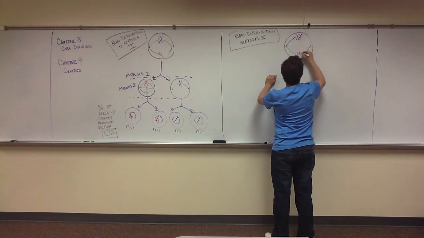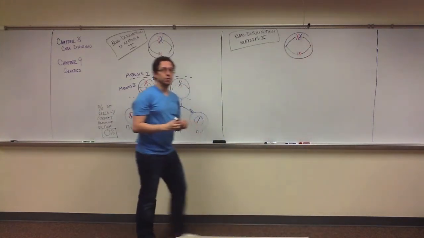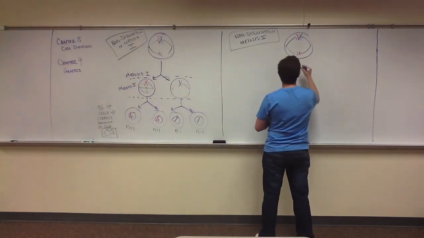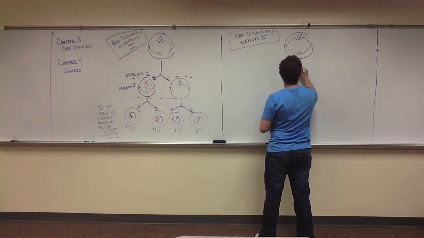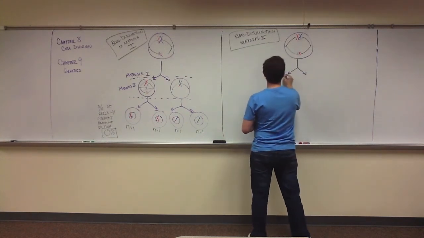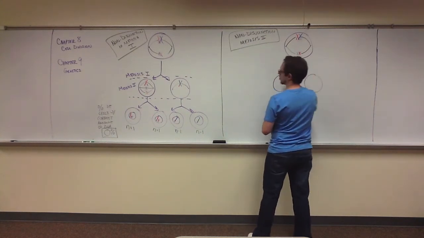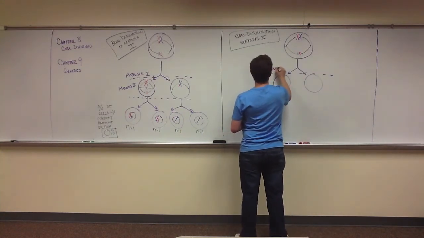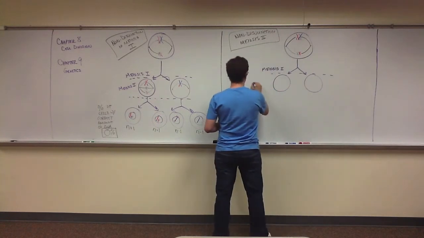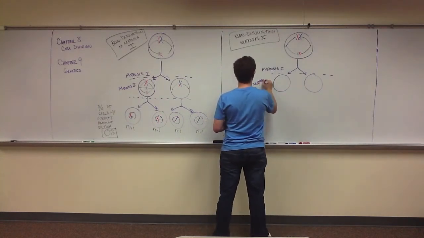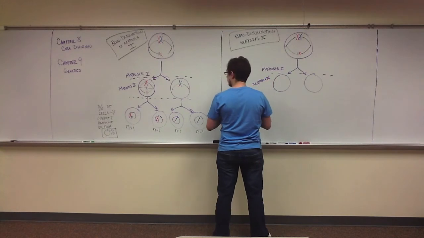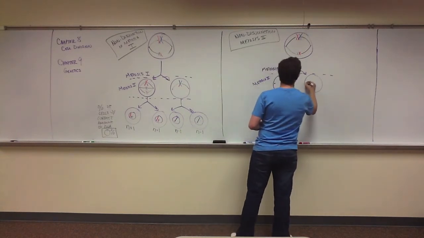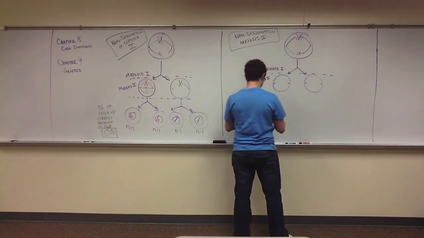I'm going to see the correct and appropriate division of my tetrads. So that means when I get to the end of meiosis 1, I get to my two cells that are formed. When I get into meiosis 2, I'm going to see the appropriate number of pairs of sister chromatids in each of my cells.